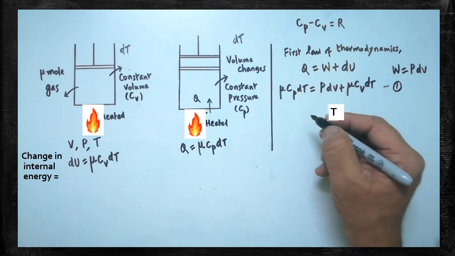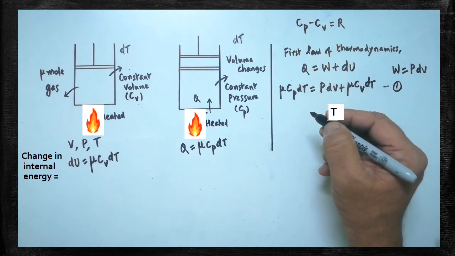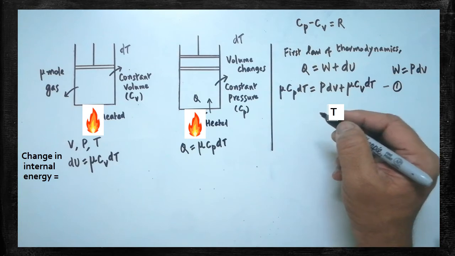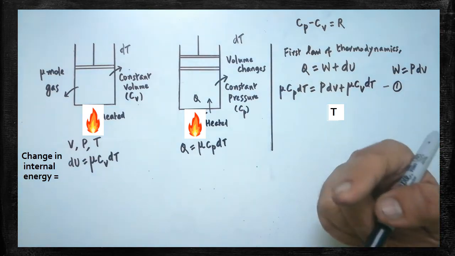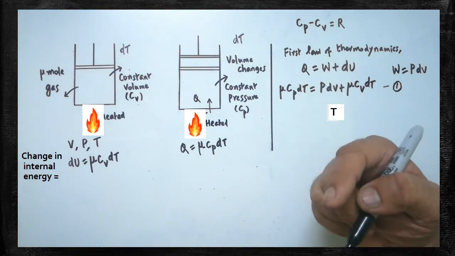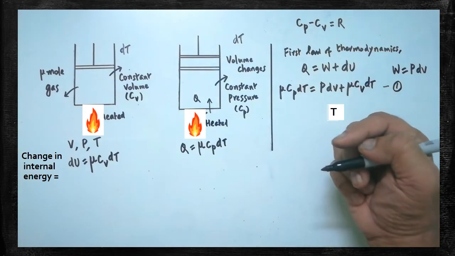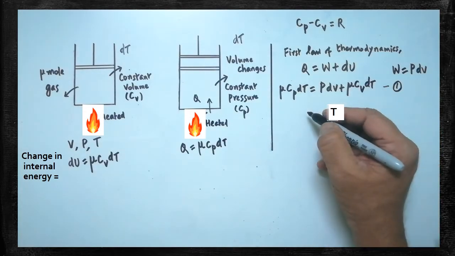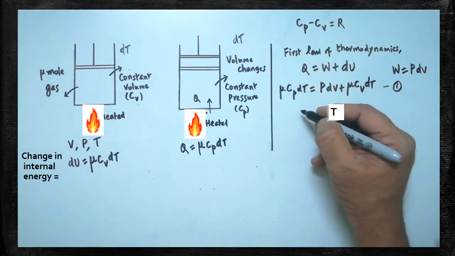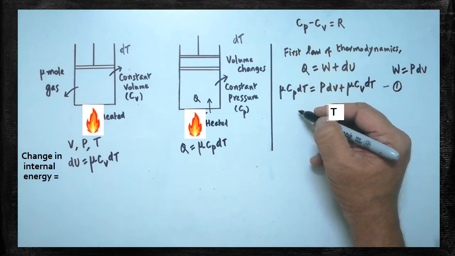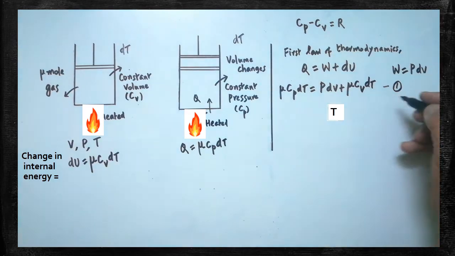We know very well that PV is equal to RT. Both Boyle's law and Charles' law are related, and you get the formula PV is equal to RT. The same formula can be written in some other form.